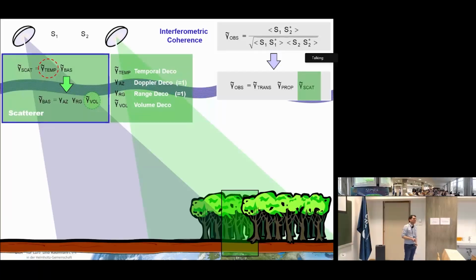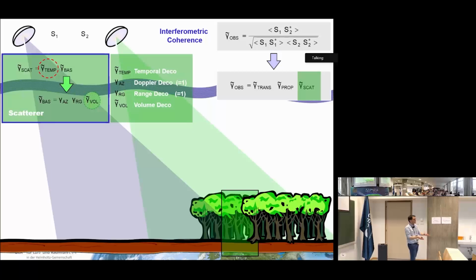It depends just on a change of viewing angle, but it doesn't depend on the volume that you have. It's very strong for surfaces, because for surfaces you would expect a coherence equal to 1, and just with this decorrelation factor you already decrease it. For volumes, the effects will not be so strong. But of course, if you would like to invert parameters, you need to have it under control.